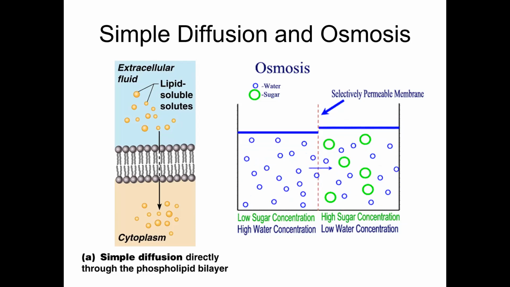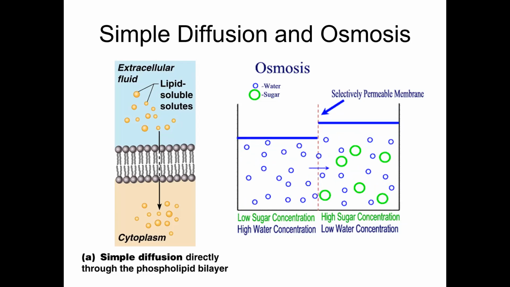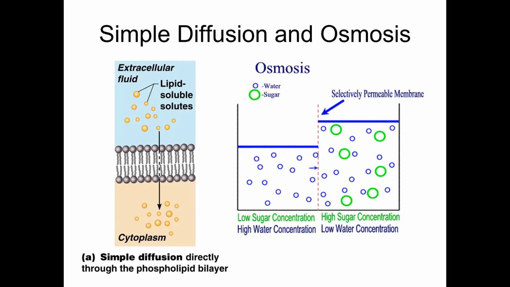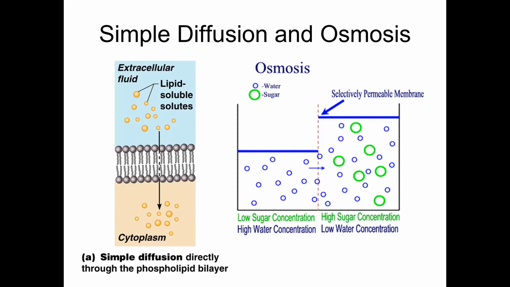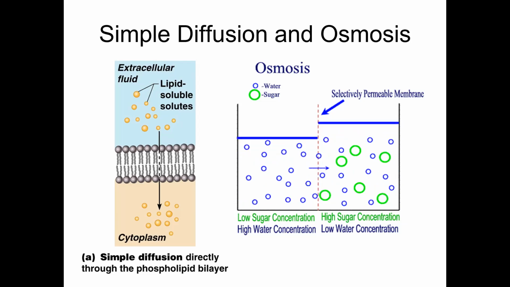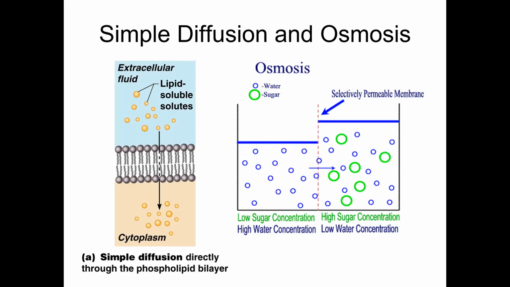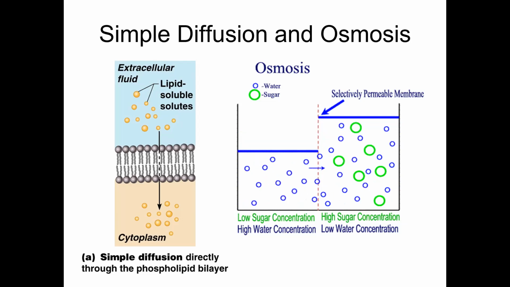The high water side is 100%. If I put an artificial cell containing 10% sodium chloride in distilled water, which is 100%, the water concentration in the cell is 90%. Water should go into the cell because 100% is greater than 90%.